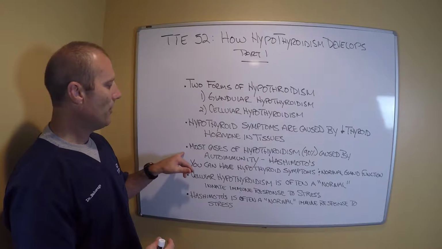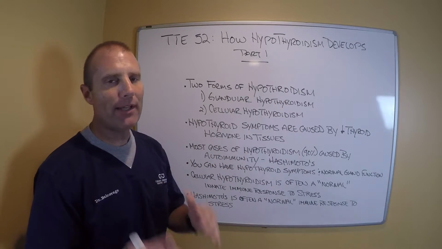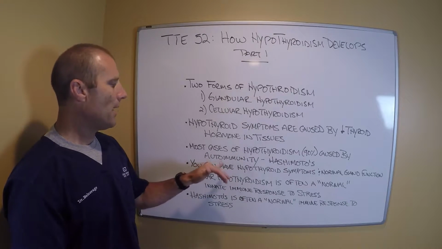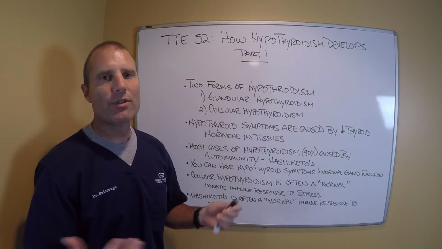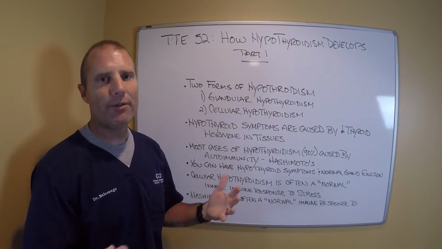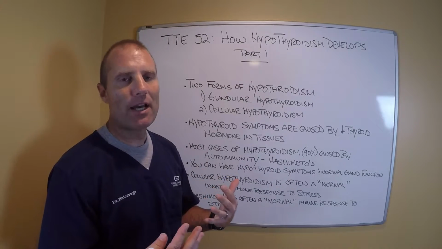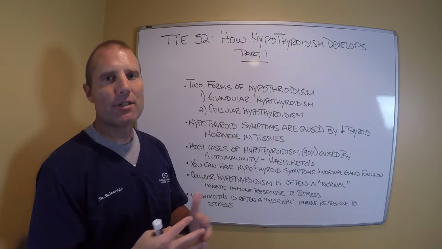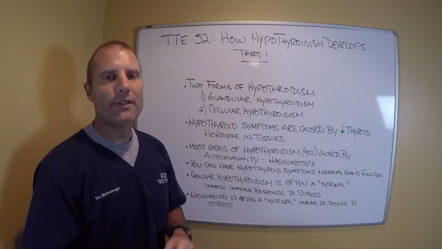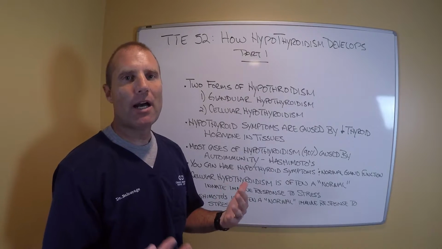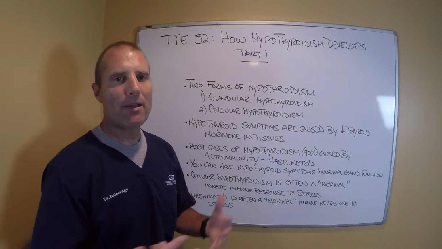The third key point for this video is that most cases of hypothyroidism, about 90%, are caused by autoimmunity, a condition called Hashimoto's. In Hashimoto's thyroiditis and Hashimoto's hypothyroidism, the immune system attacks the thyroid gland and decreases the production of thyroid hormone. Oftentimes Hashimoto's is talked about as the immune system going out of control, or a mistake by the immune system.